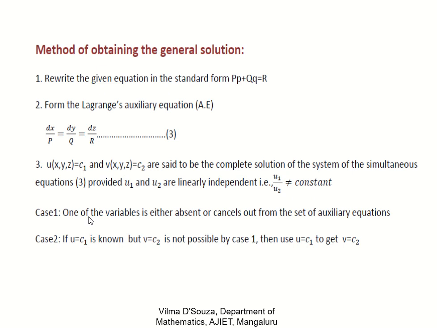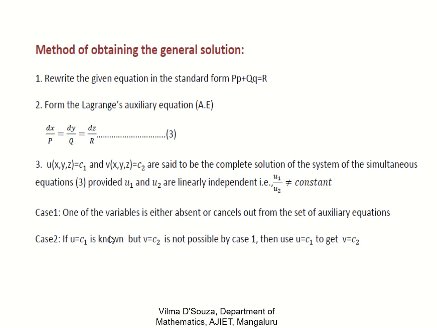The first case is when one of the variables is either absent or cancels out from the set of auxiliary equations. When you write the auxiliary equation, see the set of auxiliary equations. If one of the variables is not there, or when you compare two equations one of the variables cancels, then you can proceed.